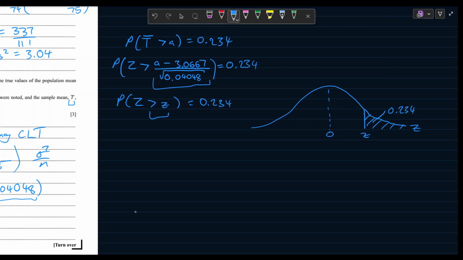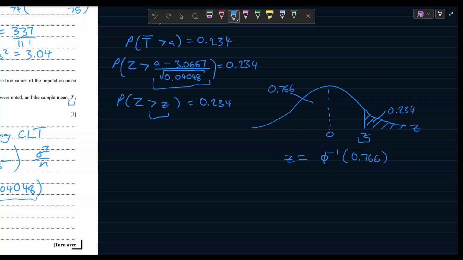So we want to find what the z value is for this probability, but we know that our tables only start from 0.5 for areas, so we can't use 0.234 to find our z value. So we're going to say 1 minus 0.234, because the total area under our bell curve is equal to 1. So the unshaded region is going to be 0.766. And so z is going to be arc phi of 0.766.